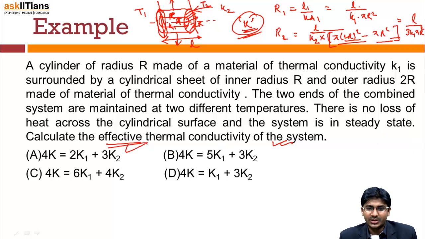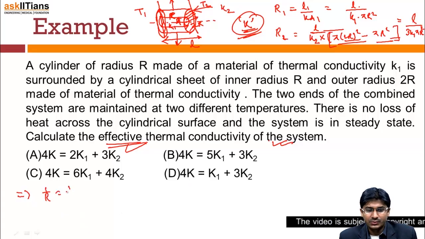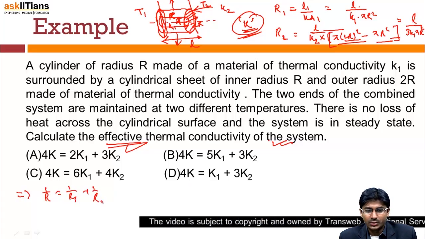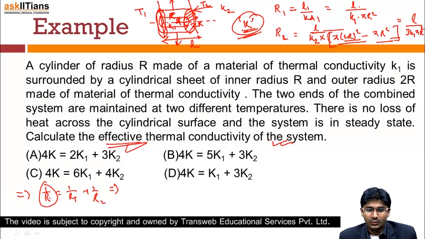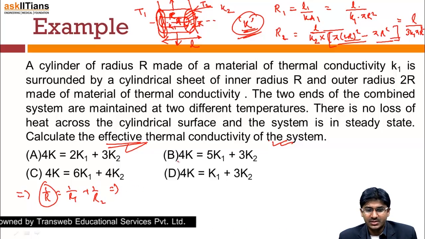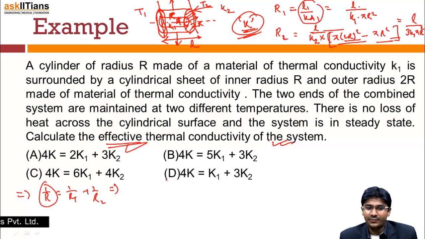Now you have to find out the effective thermal conductivity of the system. What we know is that 1 by R is 1 by R1 plus 1 by R2. Let's put the values. 1 by R will be, resistance is L by K A, so this becomes K into A, where A is the area of the whole system.